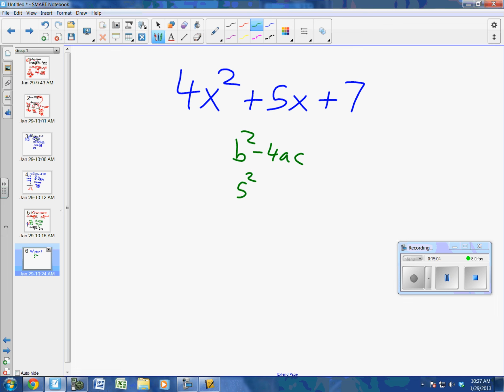5 squared minus 4 times 4 times 7, right? That's B, that's A, and that's C. A, B, C, right? Do you understand that? Then all you have to do is find that. 5 squared is 25.